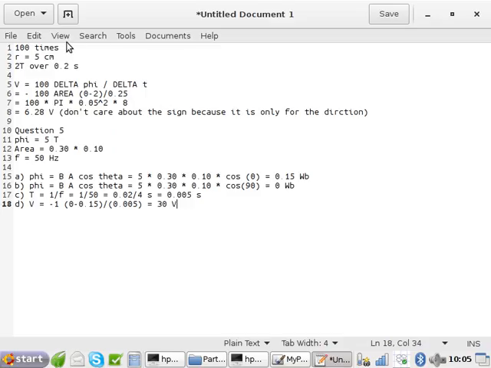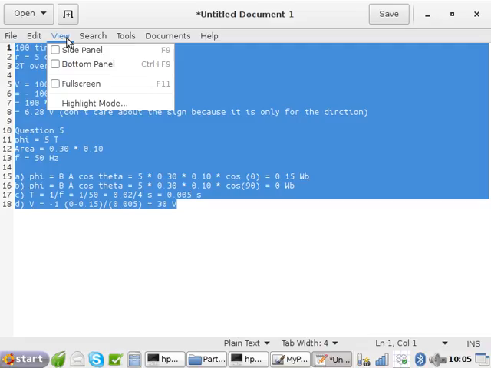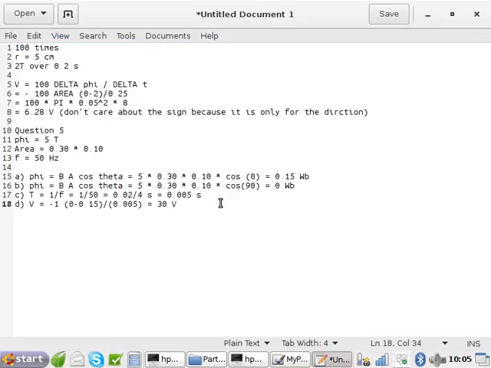Sorry, do you need me to make it a bit bigger? This is delta N times phi over delta T. Can you write it down? Yeah, it is, except I just put the N in the front. The N is 1. Yeah, I just put the N in the front.